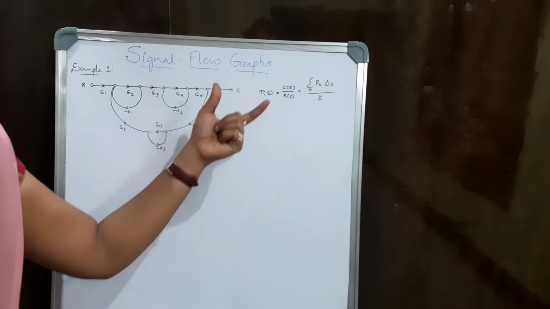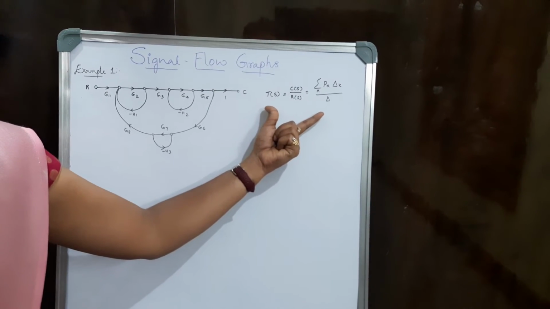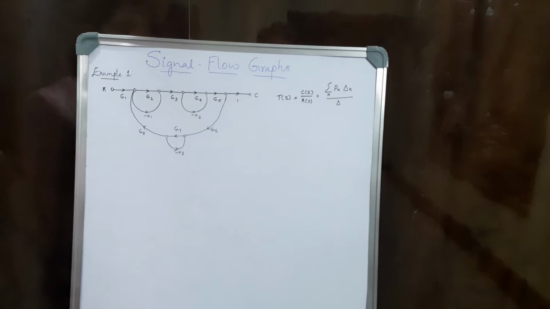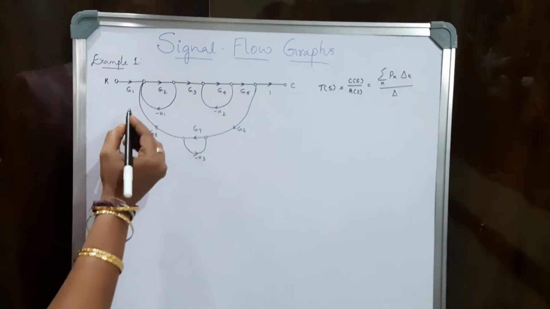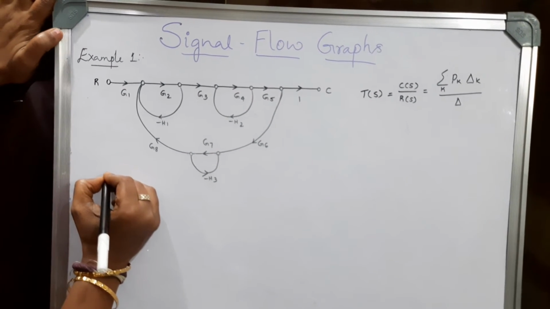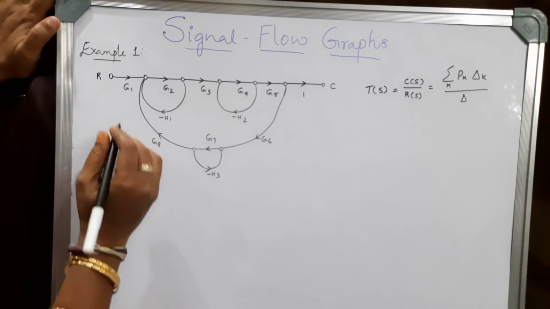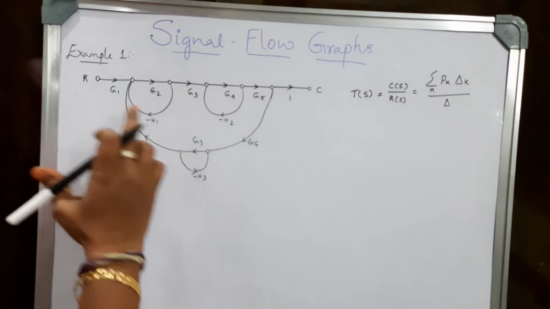This is the Mason's gain formula which will help us to find out the transfer function C of S by R of S. Given this example, first we need to find out the forward paths. So we need to find out how many paths are there.